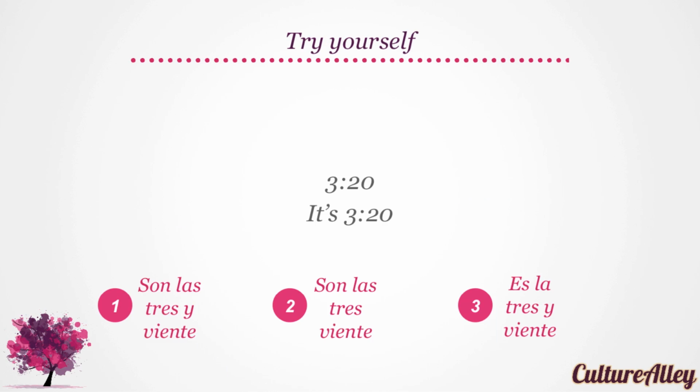Great. It's quiz time again. How do we translate "it's 3:20"? The options are: first, son las 3 y 20; second, son las 3 menos 20; and the third option is es la 3 y 20.